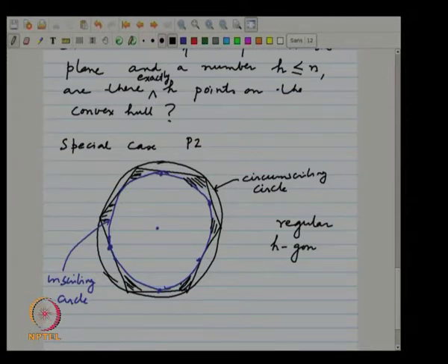Suppose I want to travel from one shaded region to another.